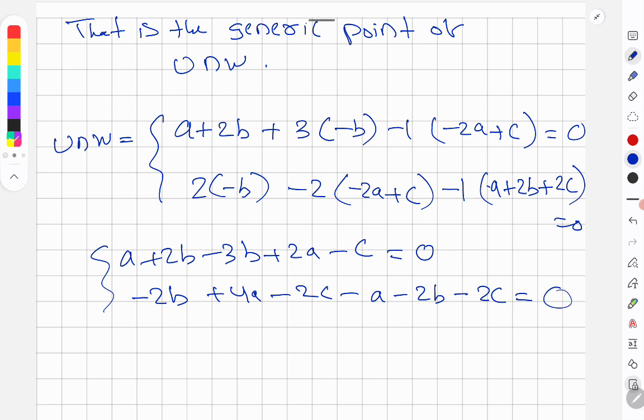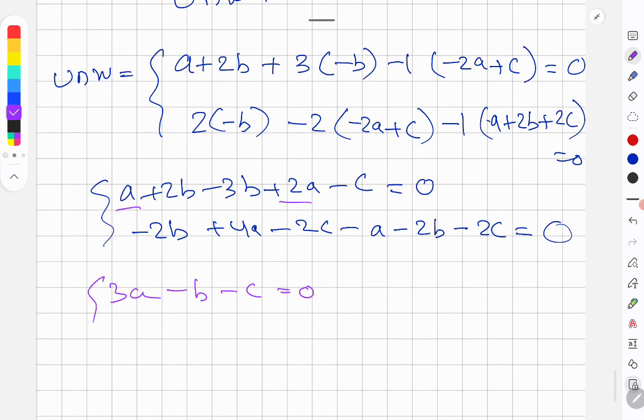Then identify all the a terms here, this is a, so I can write 3a, minus b minus c is equal to 0. And here you have 3a, and you have minus 2b minus 2b, so it's minus 4b. Then for the c you have this 2, so it's minus 4c is equal to 0.